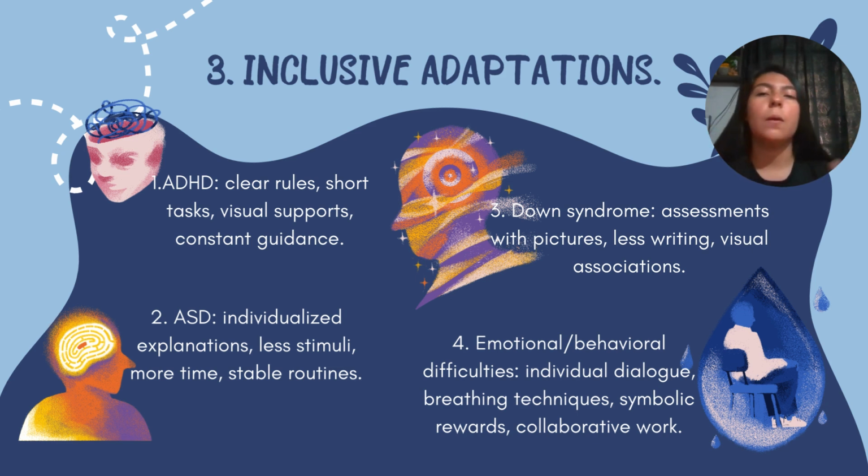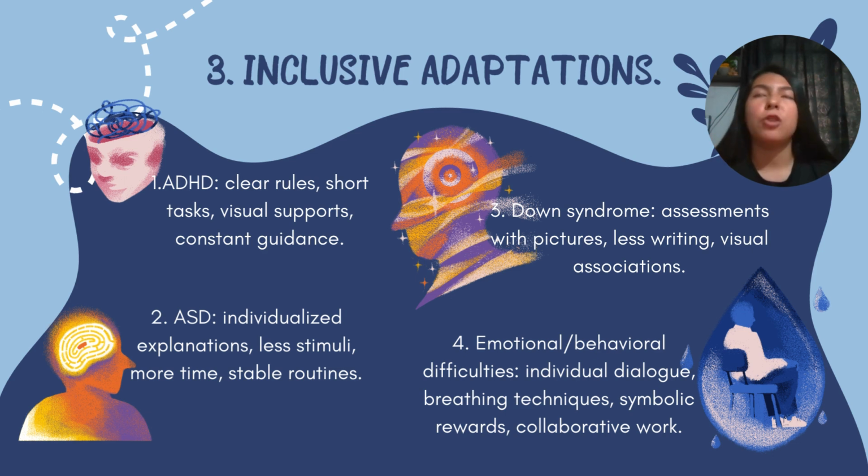About students with Down syndrome, I avoid heavy writing tasks. Instead, I use printed materials with pictures and multiple choice, visual assessments focused on vocabulary and association through flashcards and games.